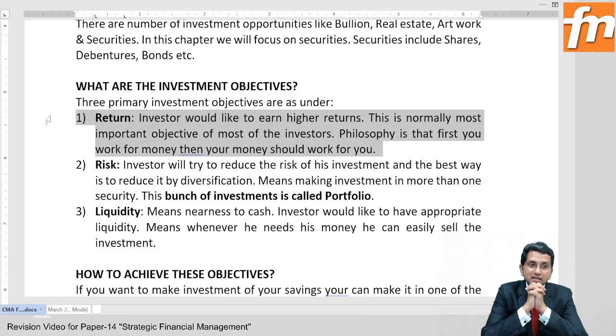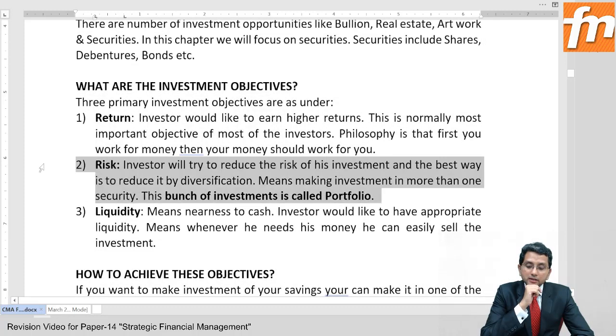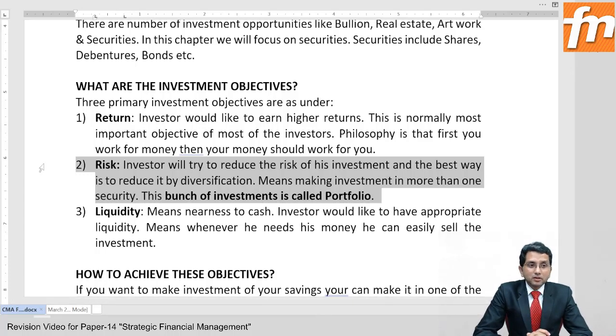So the primary task of an investment manager should also be maximization of return on your investments. But at the same time, you need to keep the risk factor in mind also. Usually, if you want to maximize your return, you make investment in risky securities. Suppose you are okay with a 5%, 6% per annum return, you can simply make an FD in State Bank of India, full stop. No, sir, I want a return of 10% or 15%.